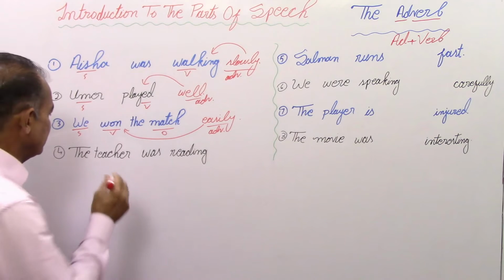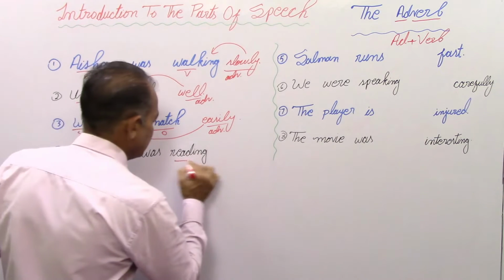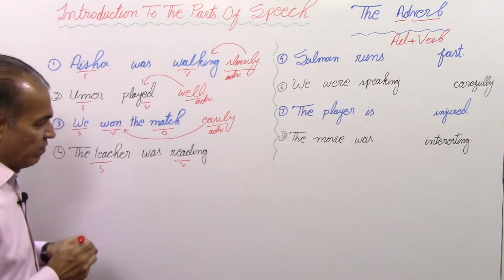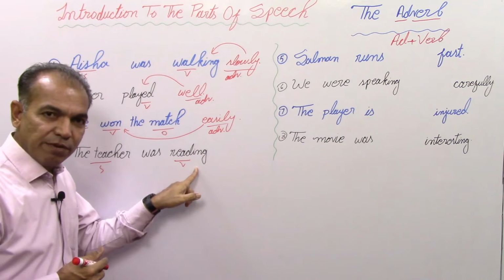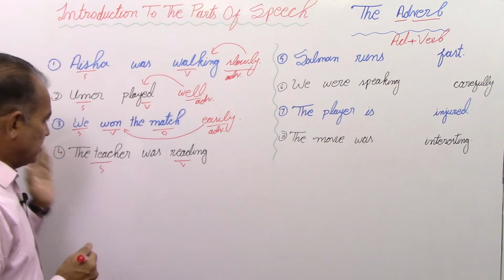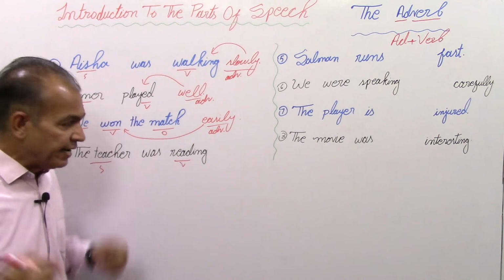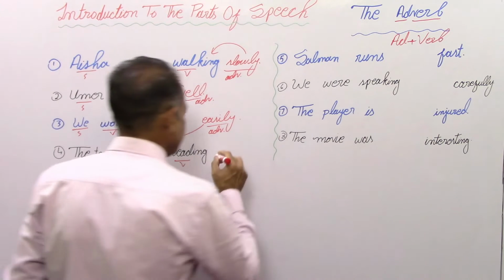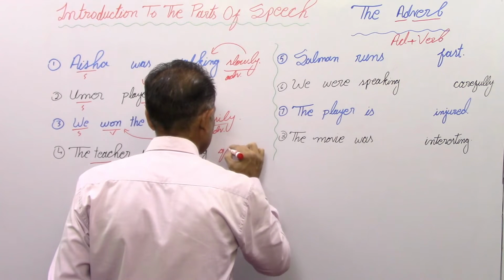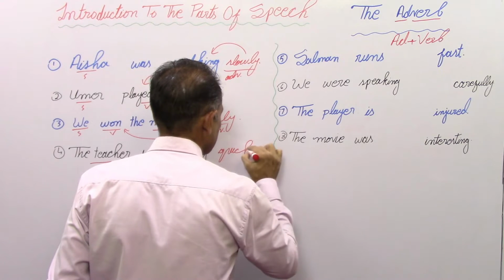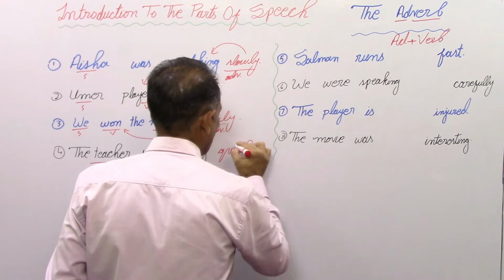reading. Okay, the teacher was reading, subject, verb. Now we want to add something to the meaning of the verb. We want to modify the verb. The teacher was reading, but how was she reading?